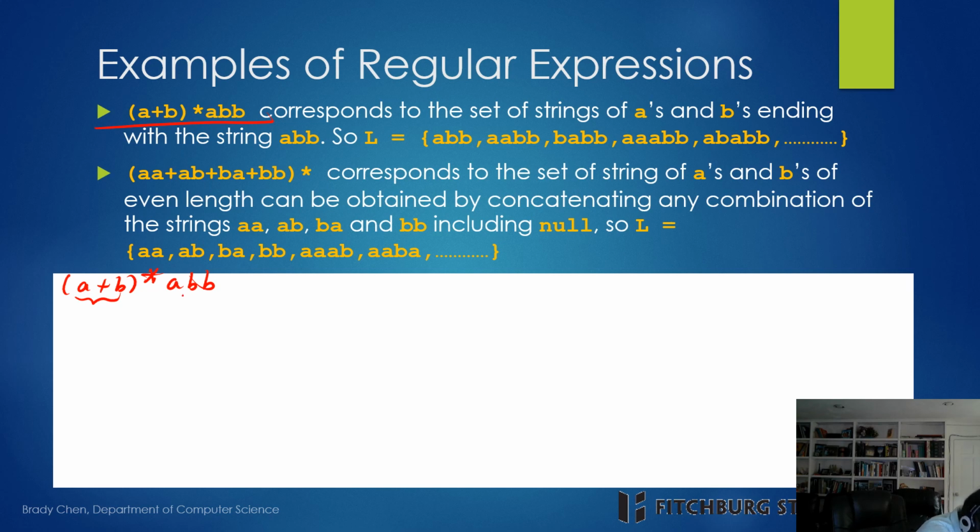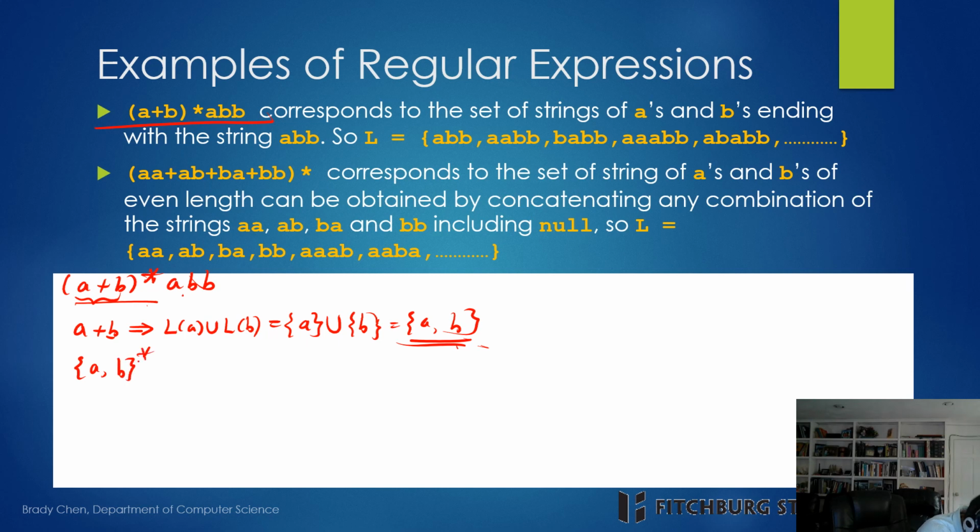So a+b is the regular expression of the language LA union LB, that's A union B, and then we take the Kleene star of it. That contains epsilon, the empty string, a, b, aa, ab, ba, bb, and so on.